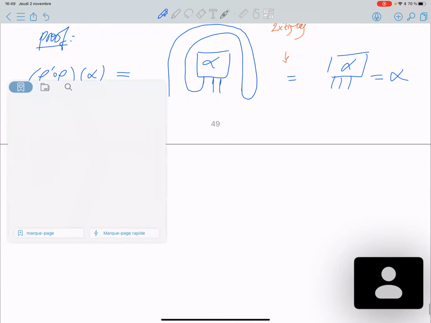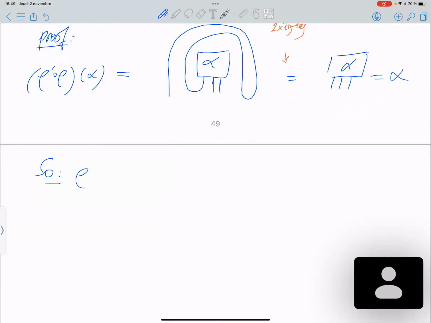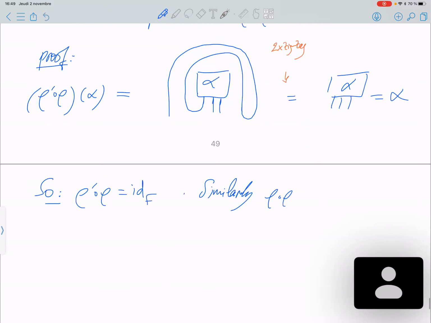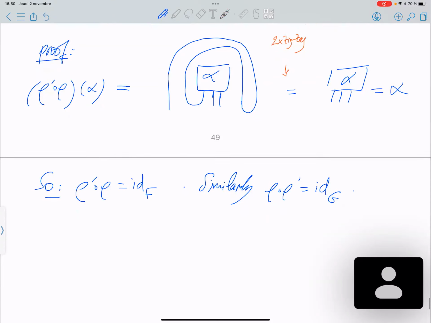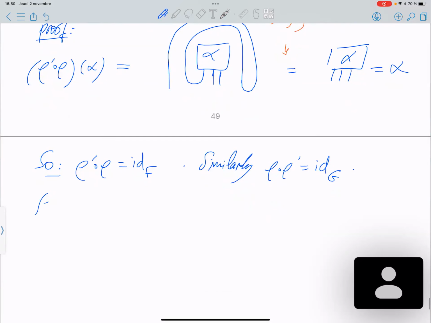So rho prime composed with rho is the identity of the functor f. Similarly, rho composed with rho prime is equal to the identity of the functor g. Okay, so they are inverse of each other.